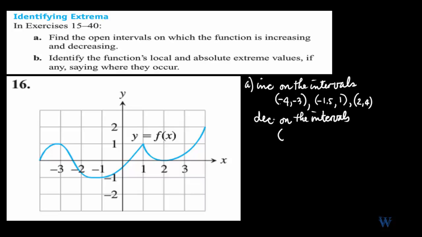Decreasing from -3 to -1.5. And then where else? Sliding down, and here it's again sliding down. So from 1 to 2.